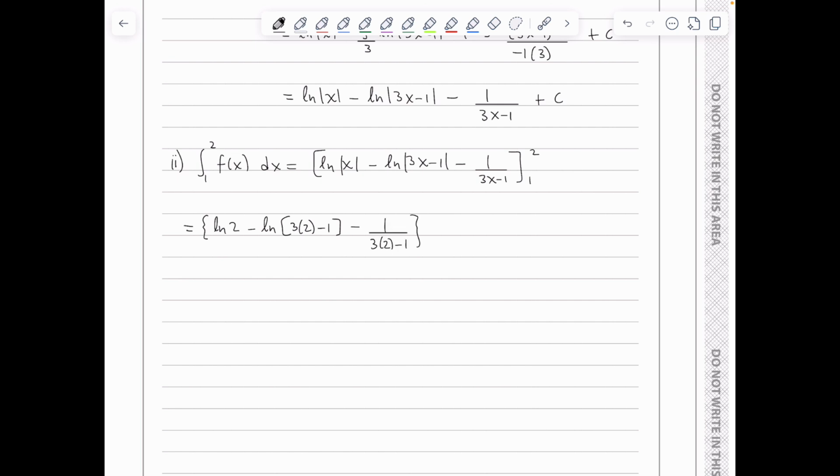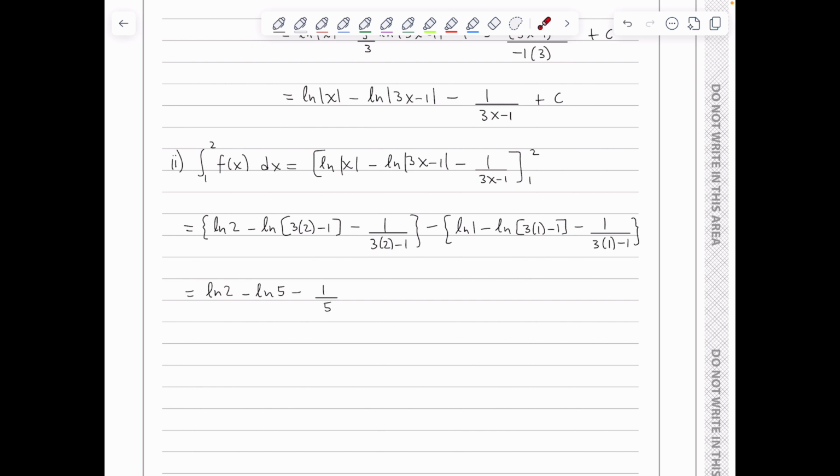That's the upper limit substituted, minus the lower limit, which is ln of 1 minus ln of 3 times 1 minus 1 minus 1 over 3 times 1 minus 1, which leads to ln of 2 minus ln of 5 minus 1 over 5.